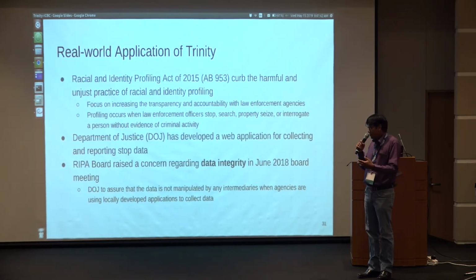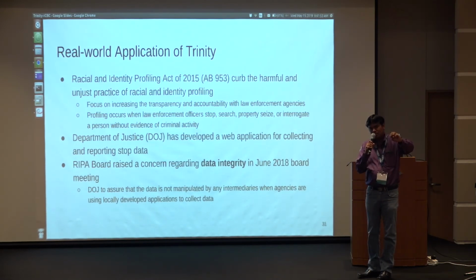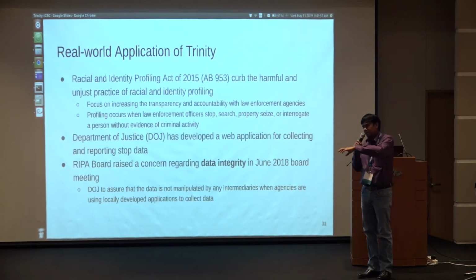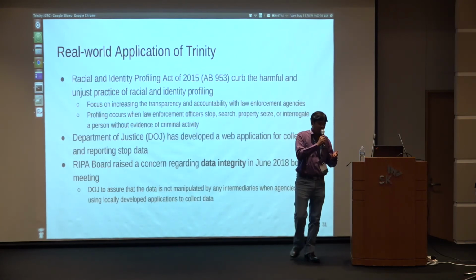The concern was that they are selectively picking a collection of data points and presenting that to the Department of Justice to show that there is a fair distribution, but in reality, there was actually not a fair distribution of racial profiling there.